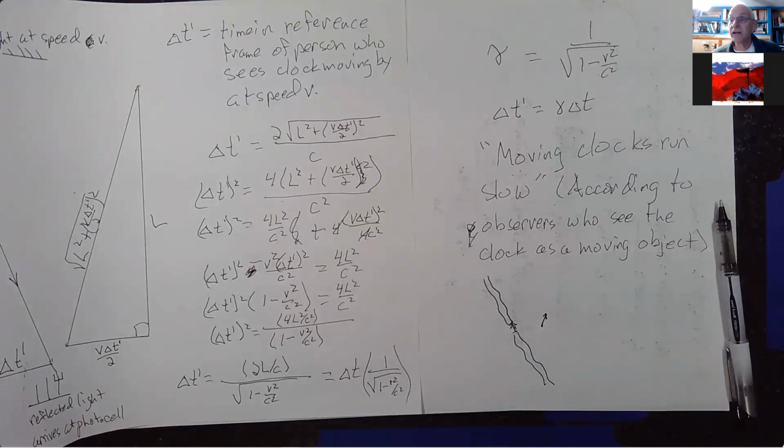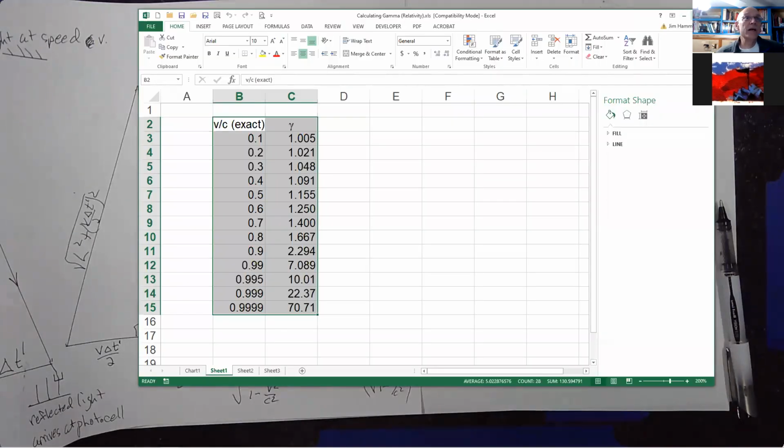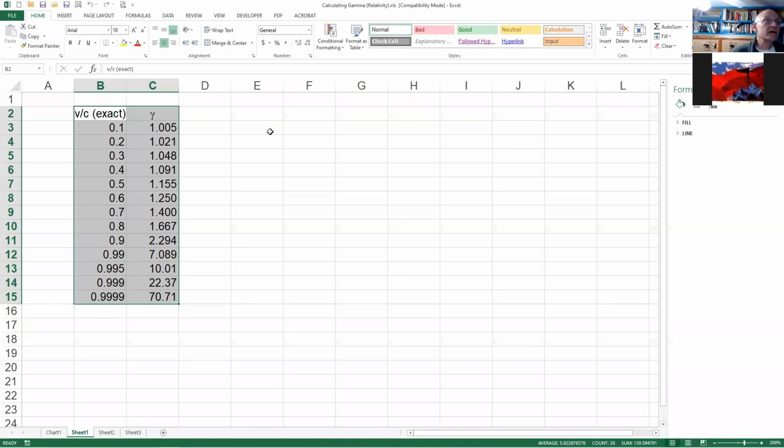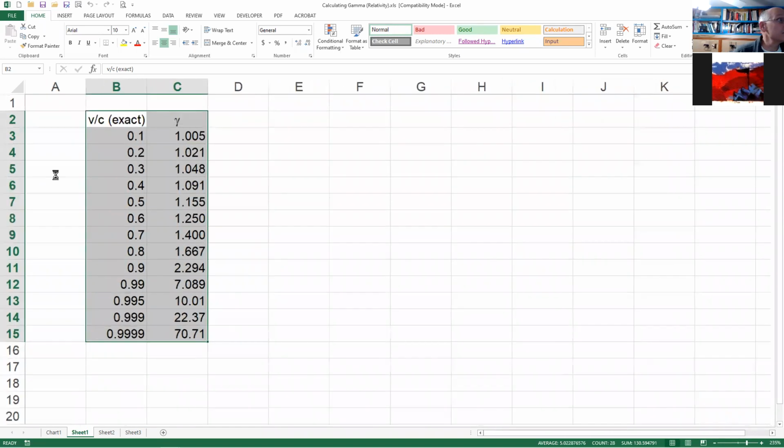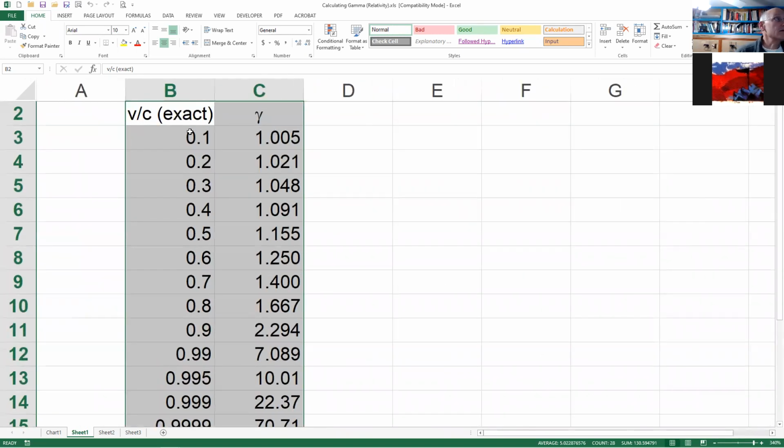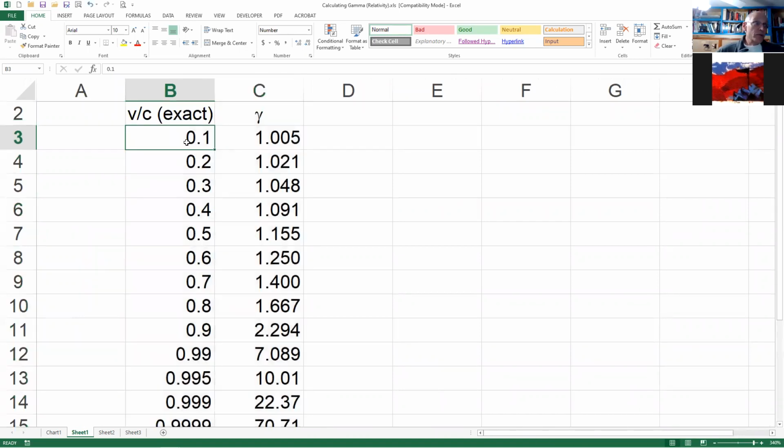an Excel file over here. Let's see. The graph that I'll show you doesn't look so great. I guess I could drag the other one over. Here's a calculation of gamma, and I can zoom in on this. 0.1.